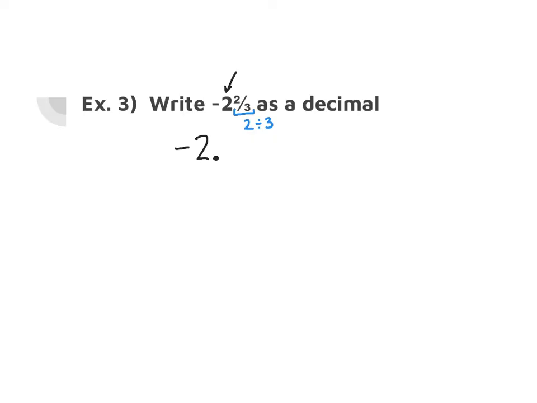So when I type in 2 divided by 3, I get 0.66 and it repeats. To put it in my decimal, I don't put that 0 there. I just put what's left over here. The 6 is repeating, so I would put the repeating bar notation over the 6. So my answer would be -2.6 repeating.